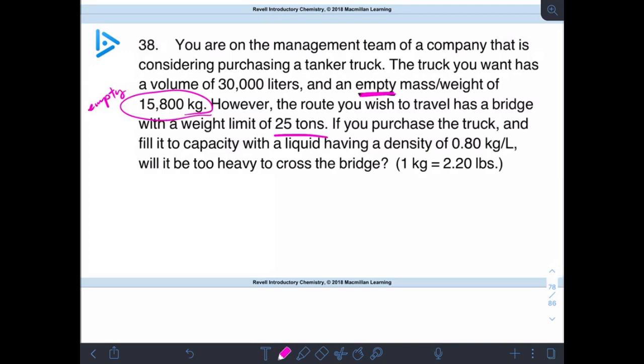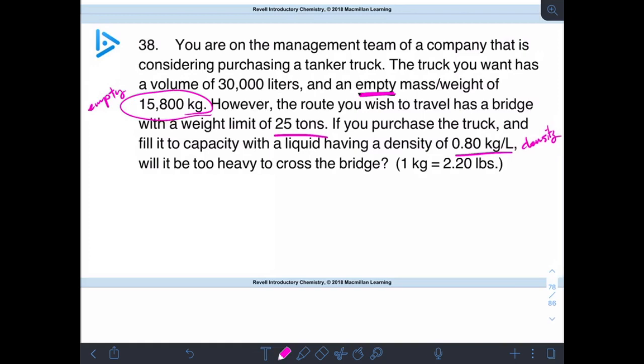Now, if we purchase the truck and we fill it to capacity with a liquid that has a density of 0.8 kilograms per liter, that's a density, will it be too heavy to cross the bridge?